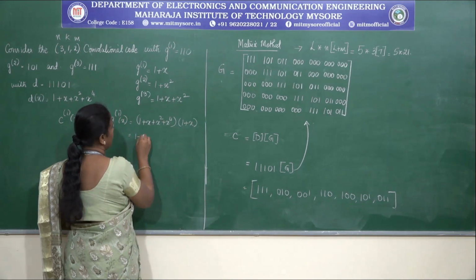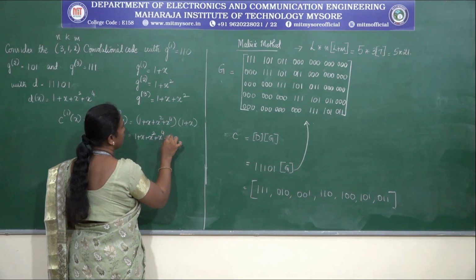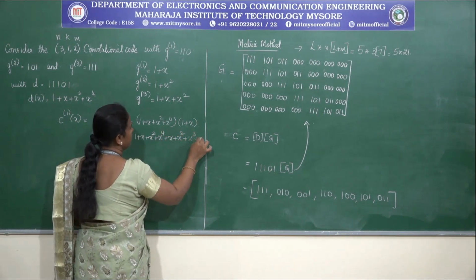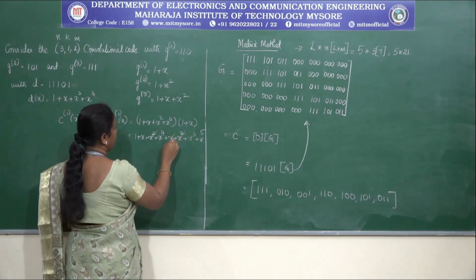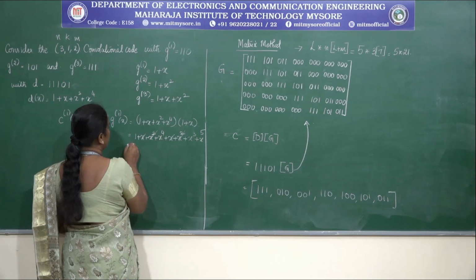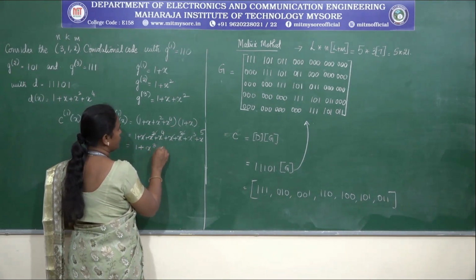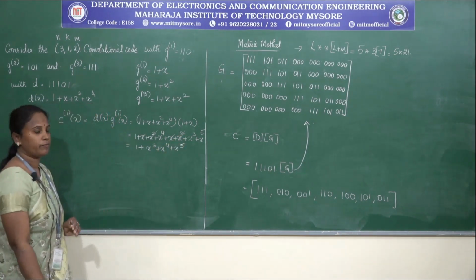So it is 1 plus x square plus x to the power of 4, x square, x3 plus x5. Now if you apply the XOR operation here, you are going to get 1 plus x to the power of 3, x to the power of 4 plus x to the power of 5.